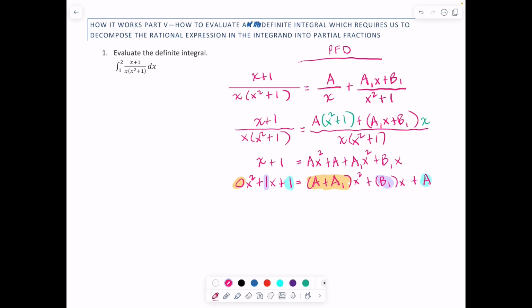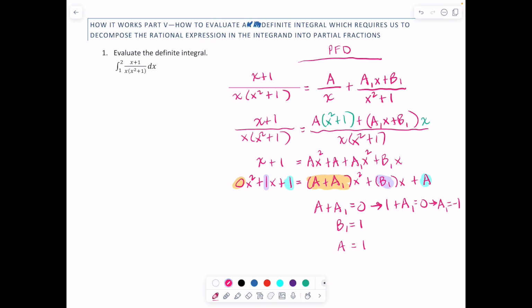So this system won't be so bad, right? We'll have a plus a sub 1 equals 0, b1 equals 1, and a is equal to 1. Plugging a into the top equation, we'll have 1 plus a1 is 0, and that gives us that a1 is negative 1.